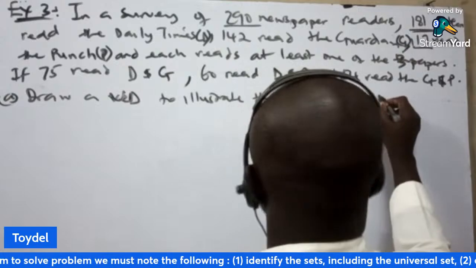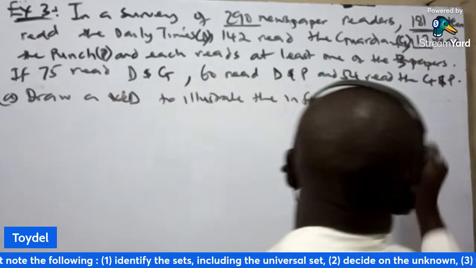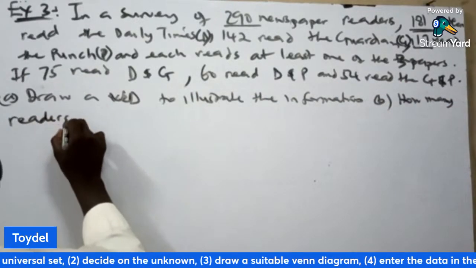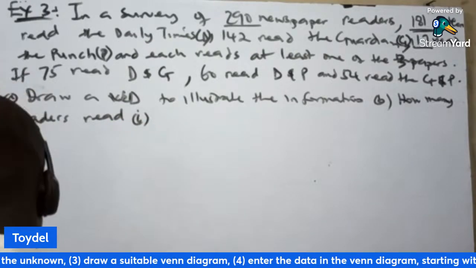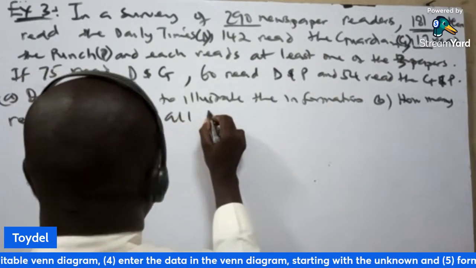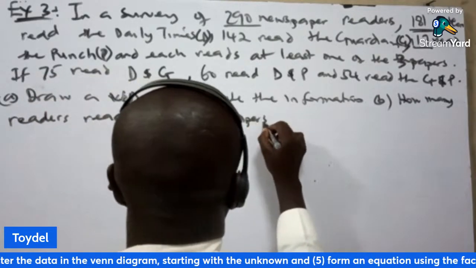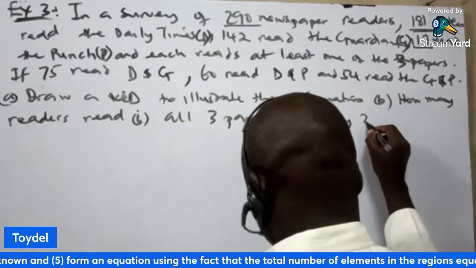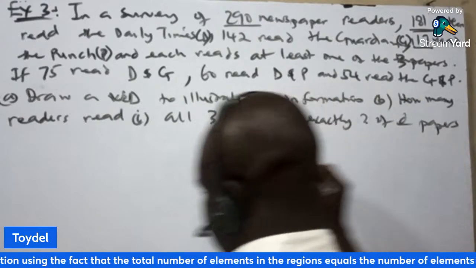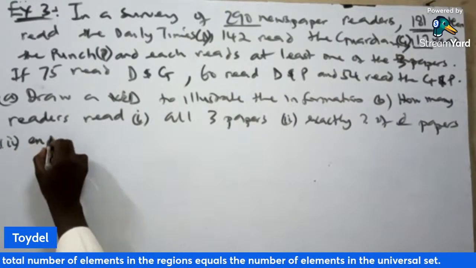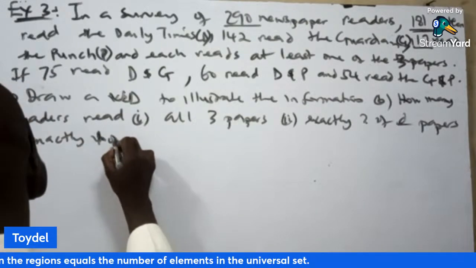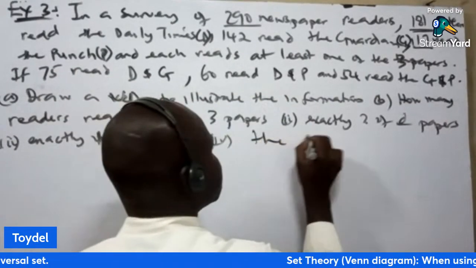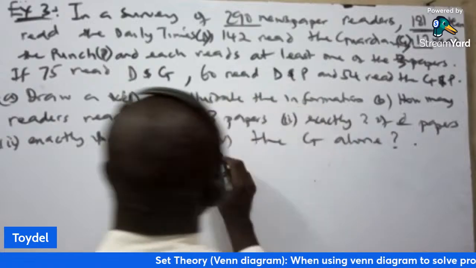Then second, how many readers read: Roman figure 1, all the 3 papers; Roman figure 2, exactly 2 of the papers; Roman figure 3, exactly 1 of the papers; then Roman figure 4, the Guardian alone. So this is what we have.